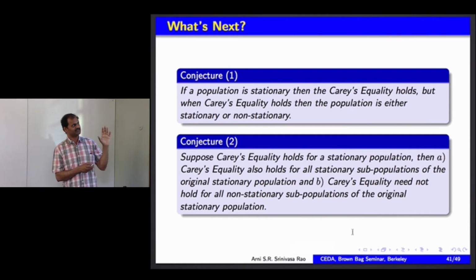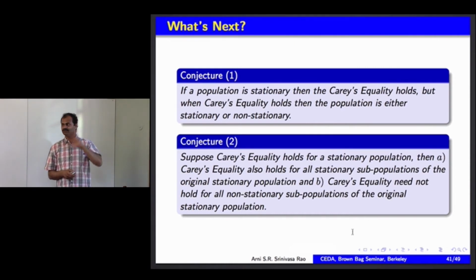the second conjecture is that suppose carries equality holds for a stationary population. Then carries equality also holds for all stationary subpopulations of that total population. And carries equality need not hold for all non-stationary subpopulations of the original population. This is the second conjecture.